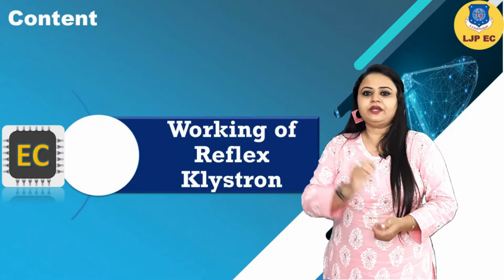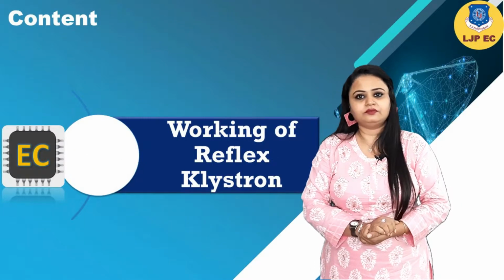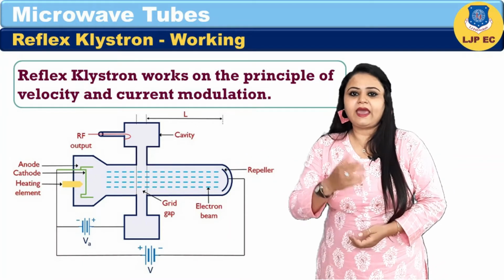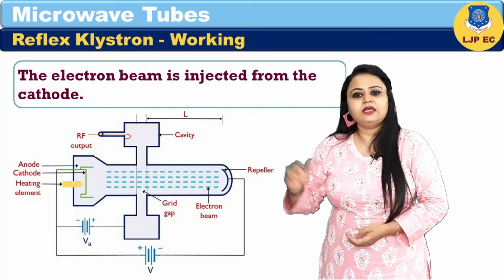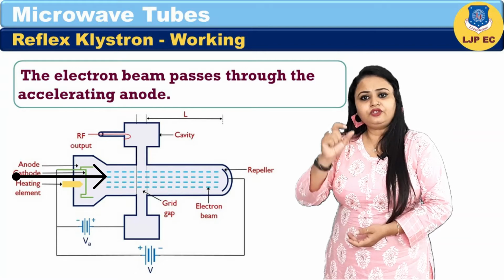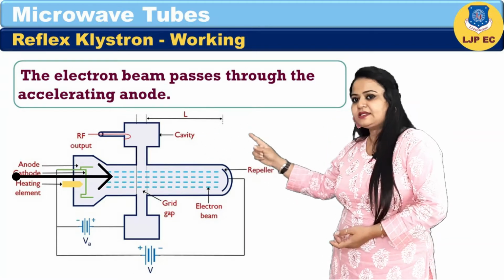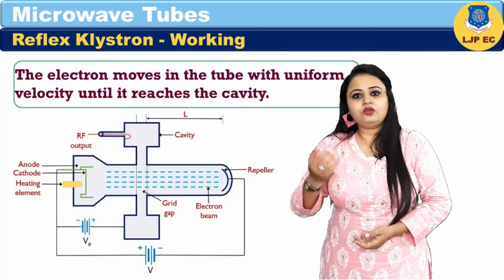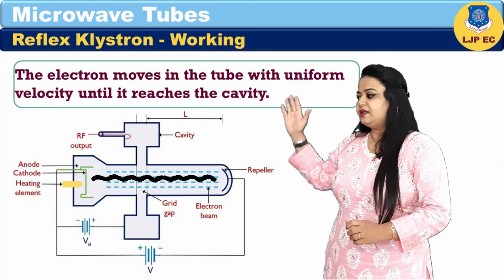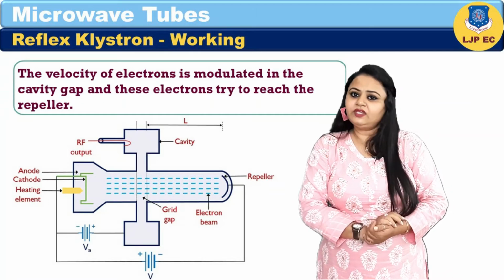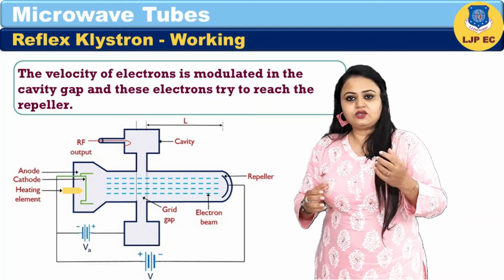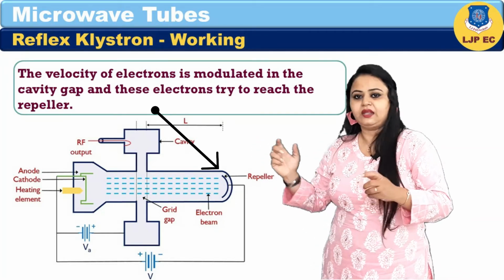Now let us see the working principle of reflex klystron. The reflex klystron works on the principle of velocity and current modulation. The electron beam is injected from the cathode and passes through the accelerating anode. The electrons move in the tube with uniform velocity until they reach the cavity. The velocity of the electrons is modulated in the cavity gap and these electrons try to reach the repeller.